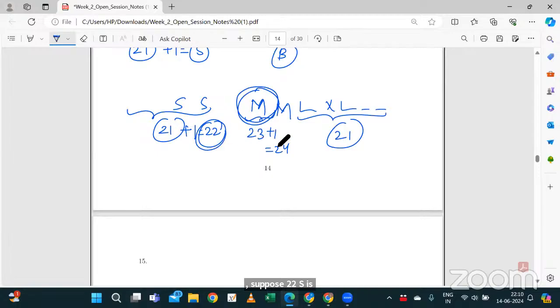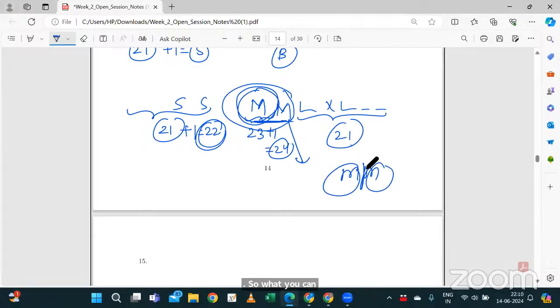Now this is 22, 24, 21, I think 25. Sorry, 45. Yeah, it's 45. So what you can see here, again, the median will be what? Either this M or this M. So the median does not change here, right? Yeah, the median won't change.